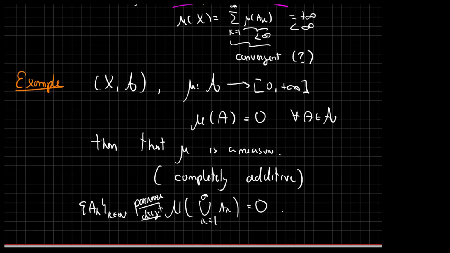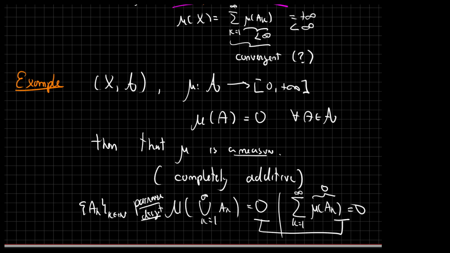On the other hand, the value of the series will also be 0 because each of these terms is 0. So they are equal. This means that the function is a measure because it is completely additive. This is the second trivial measure, called the null measure.